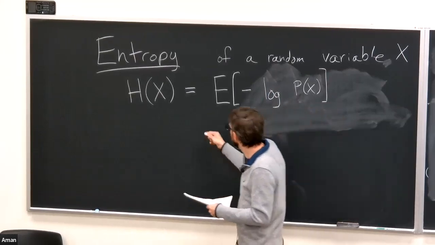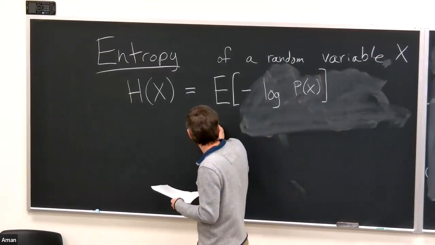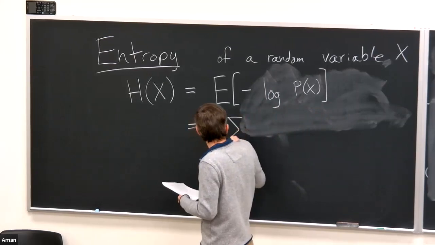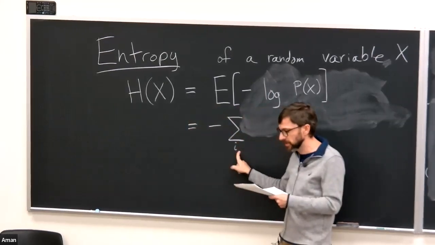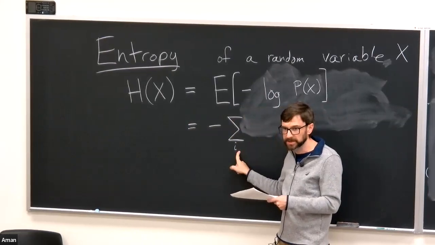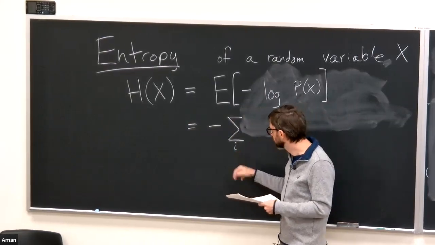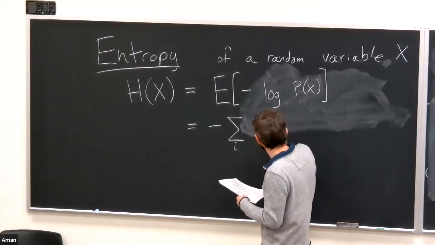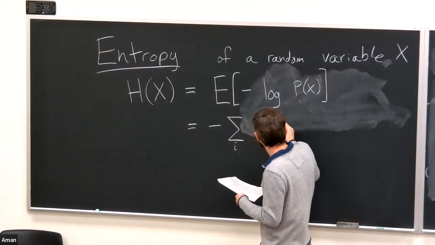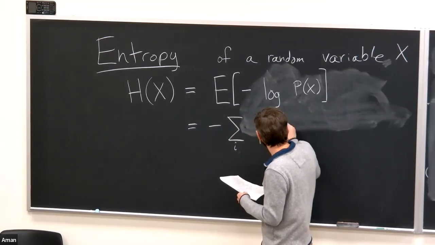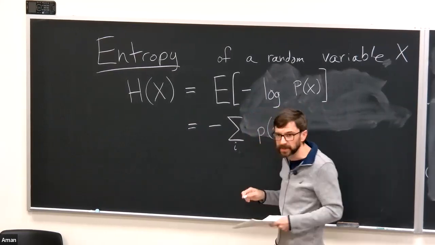And because we're right now sticking to discrete, I can write this down. The expected value is just the sum over i, where the x_i are all the possible outcomes of x.